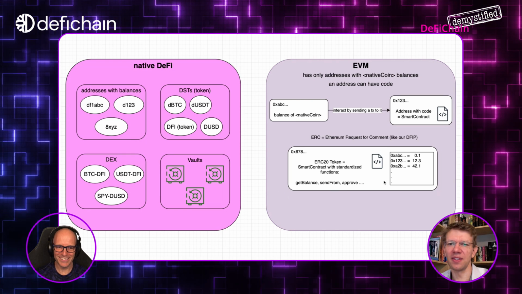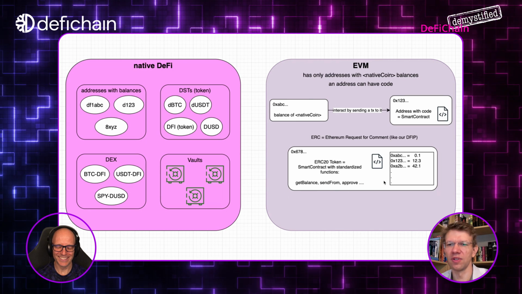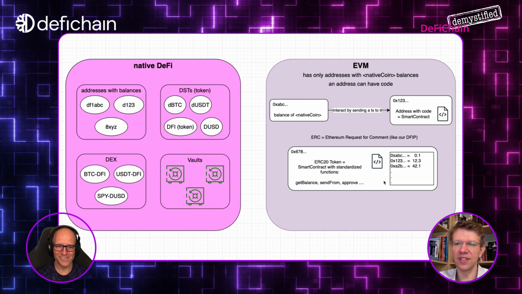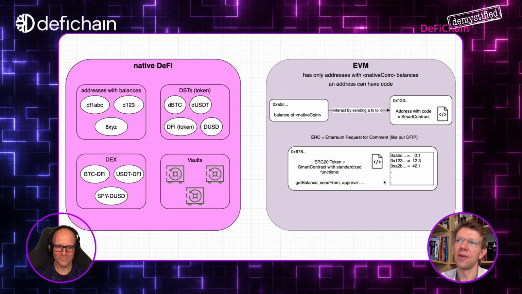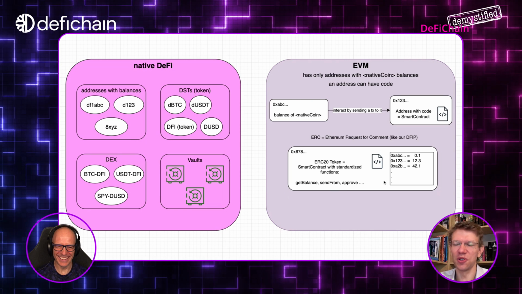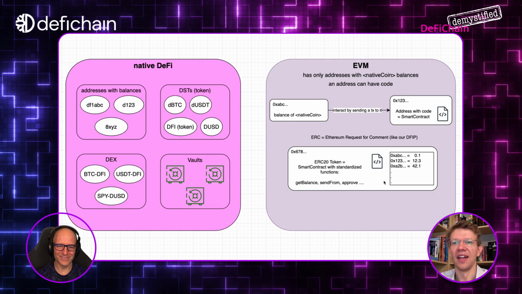ERC20 has the number 20 in it, and everybody talks about it when they say a token. If you say I can interact with an ERC20 token, or this is a new ERC20 token, everybody got used to it. An ERC20 token is a token.